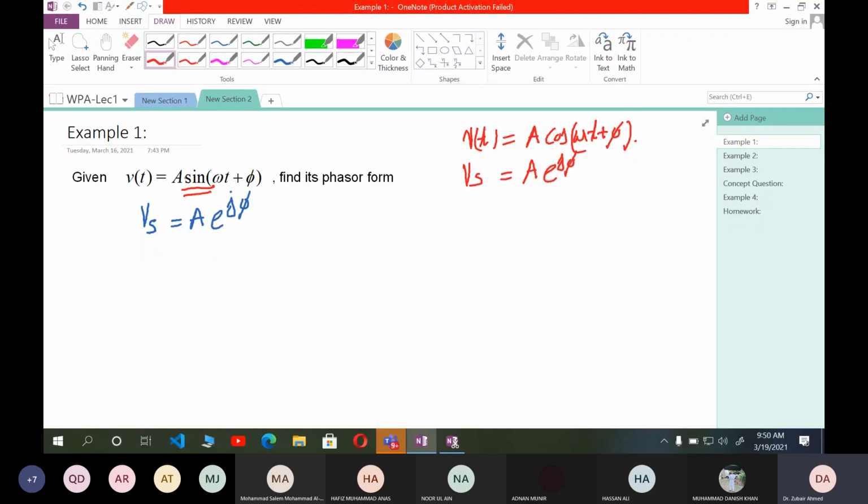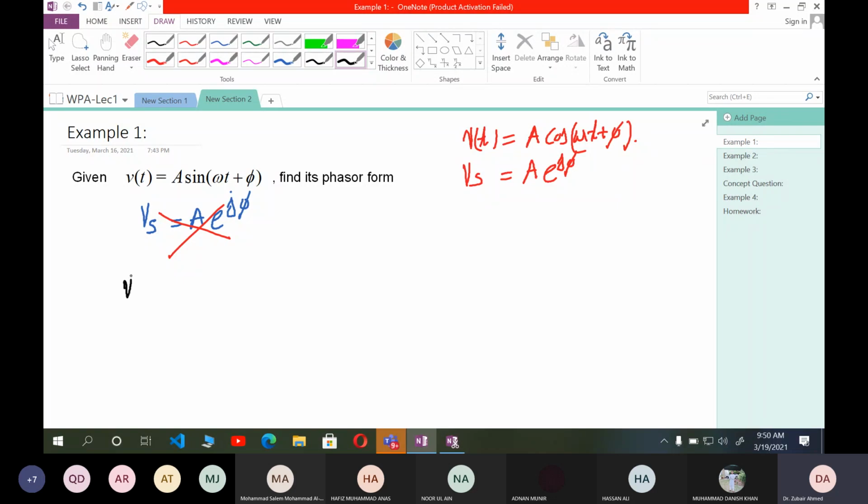But here we don't have a cosine signal. It is a sine signal. So the first step should be to convert this sine signal back into a cosine signal. We cannot write this, so this is actually wrong.